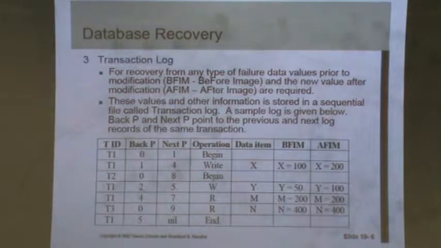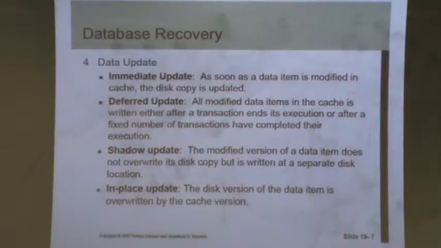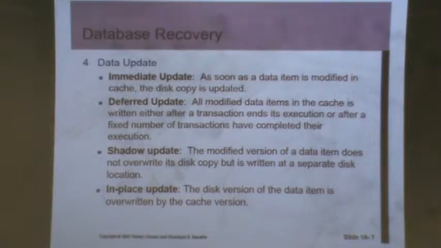So when you update the data from 100 to 200, if that new value is updated on the hard disk drive right away, then that is called the immediate update.